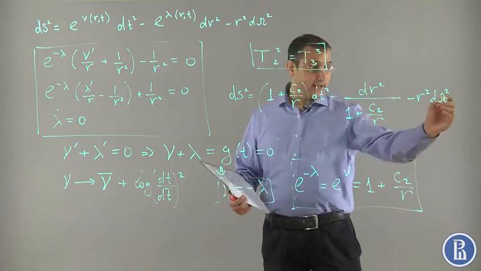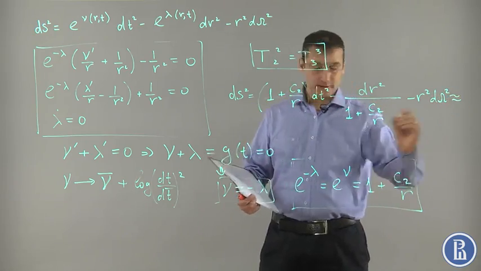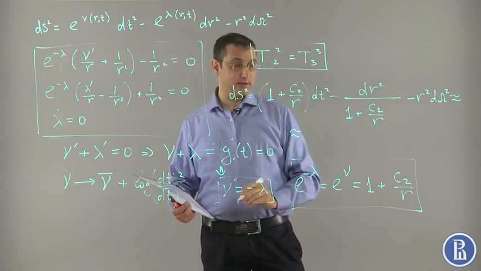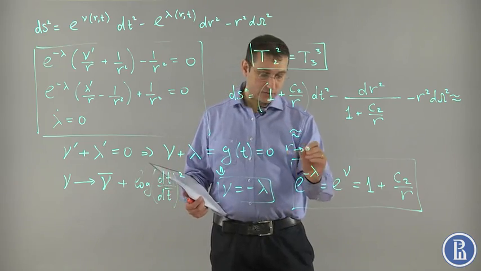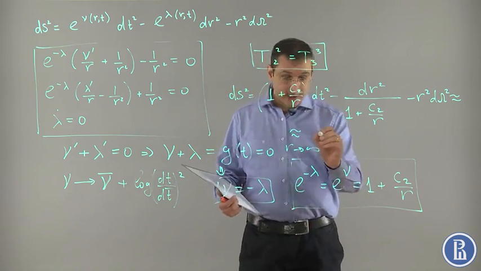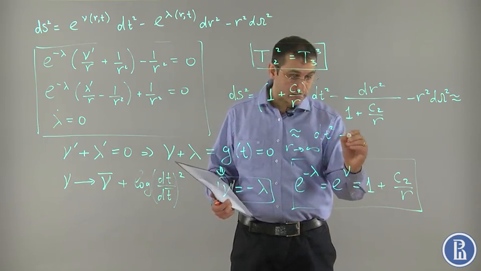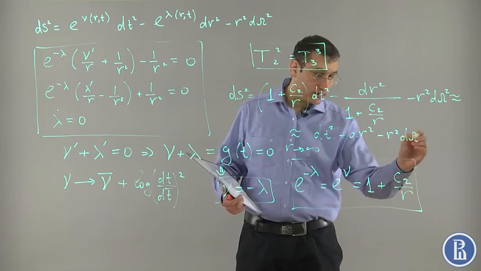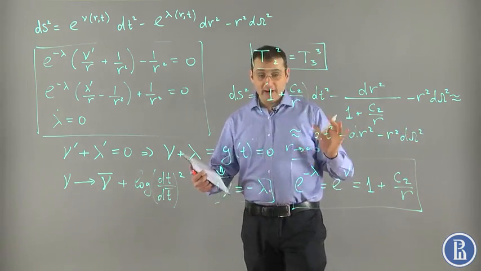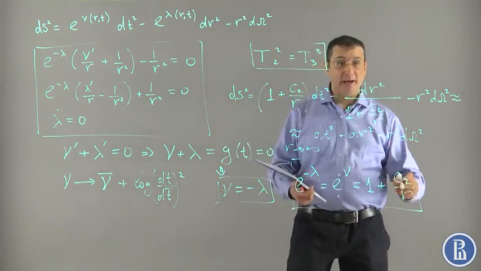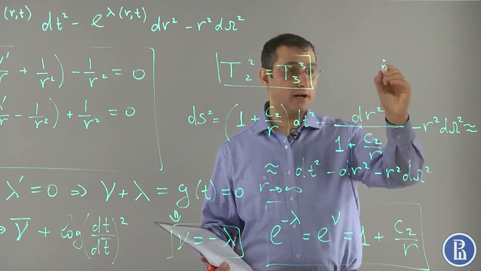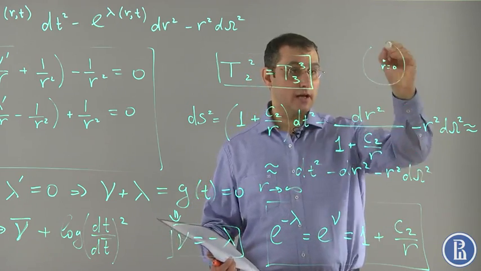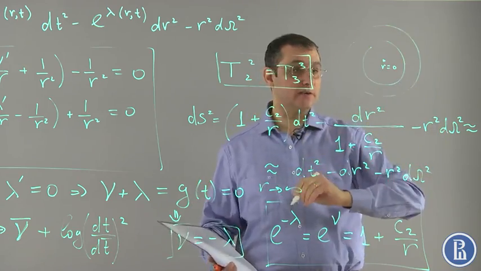If we take the limit r goes to infinity, this metric goes again approximately to the flat metric, dt squared minus dr squared minus r squared d omega squared. So we have the following situation. We have a gravitating center at r equals 0, and it creates a spherically symmetric gravitational field.